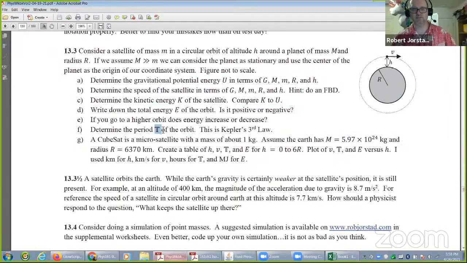Oh, this is a cool one too. Well, here's a neat one too. I don't know if you noticed this, but if you look at those equations carefully, the speed of the satellite depended on which mass? Do you remember? Which mass canceled out when we were doing the force equation and which one survived?